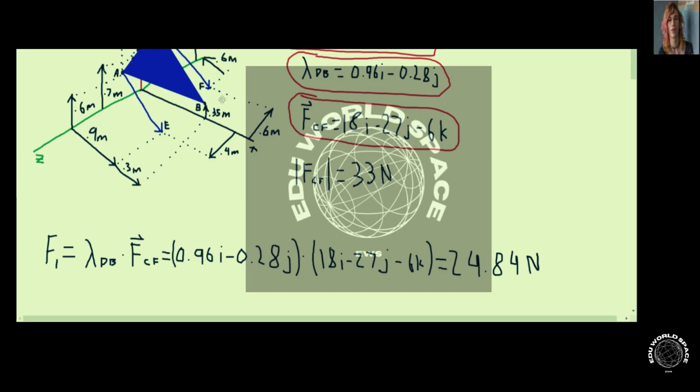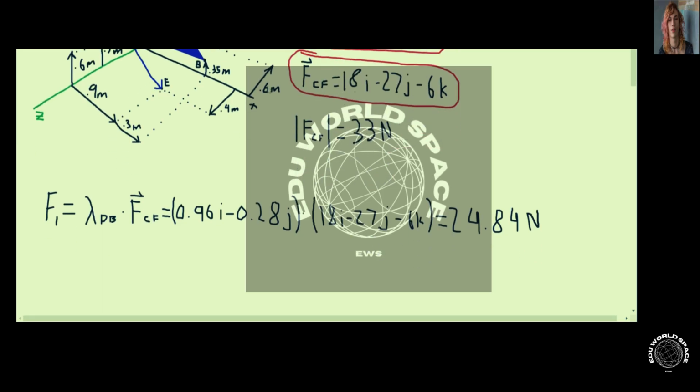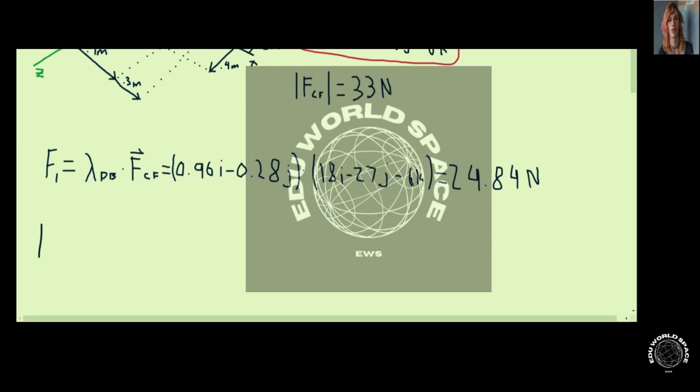And next we're going to find the perpendicular component of the force vector. So we can write out the following equation. The magnitude of the force vector from C to F is equal to the square root of the F of 1 component squared plus the perpendicular component squared, which we'll call F of 2. So we can plug in the magnitude of the force, and we've already calculated F of 1.